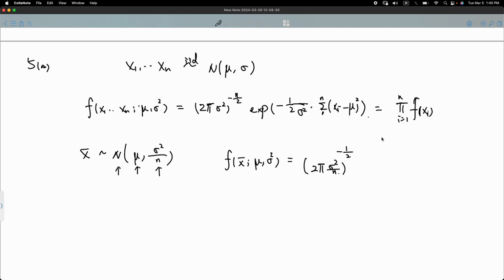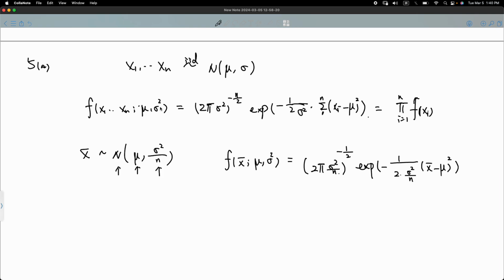And then the exponential of negative 1 over 2 times the variance, sigma square over n, times x bar minus the mean, which is mu in this case, squared.